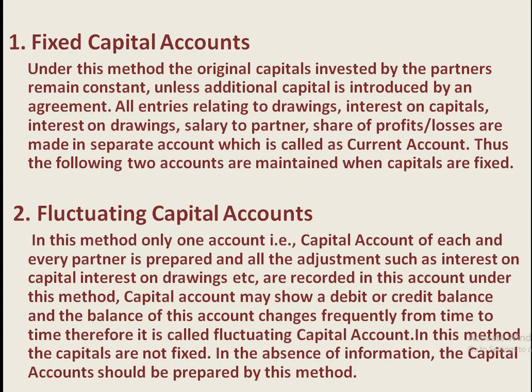During the year, you are not debiting or creating any transactions in this account. At the end of year, when you find the balance of his capital account, it remains the same 1 lakh. Why? Because other transactions are not recorded in capital account, but in current account. So, because capital remains constant up to the end of year, it's called fixed capital account method.